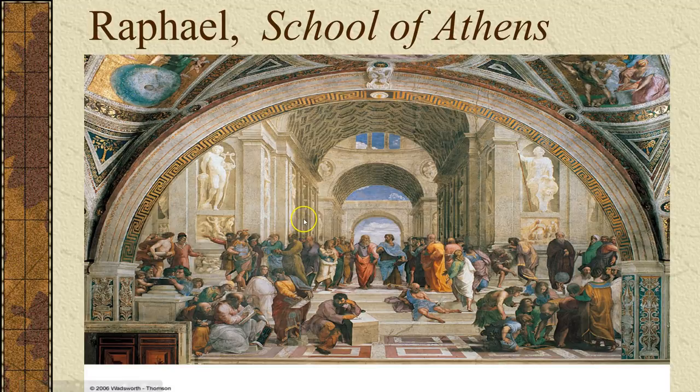And these are great figures from Greek and Roman past, so this embodies that humanism of looking to the Greeks and Romans for respect, for ideas, for inspiration. And so he paints all these great Greek and Roman thinkers in a Greek and Roman setting, and then also includes some Renaissance painters in there as if to say that we belong as well, we are involved too.